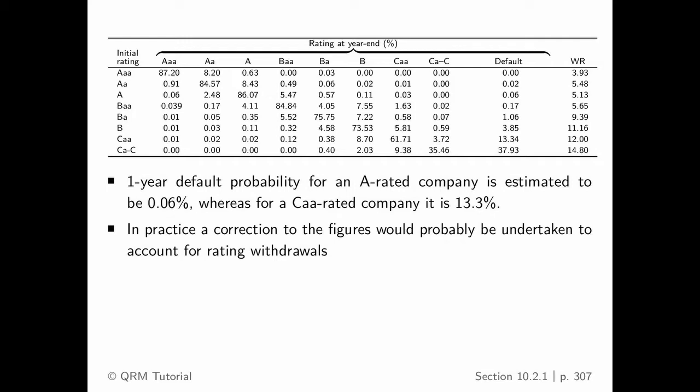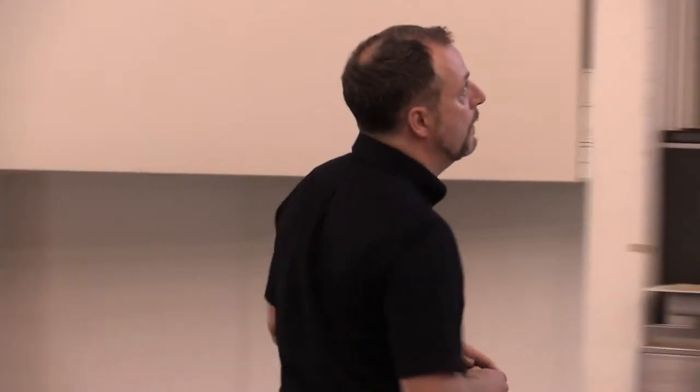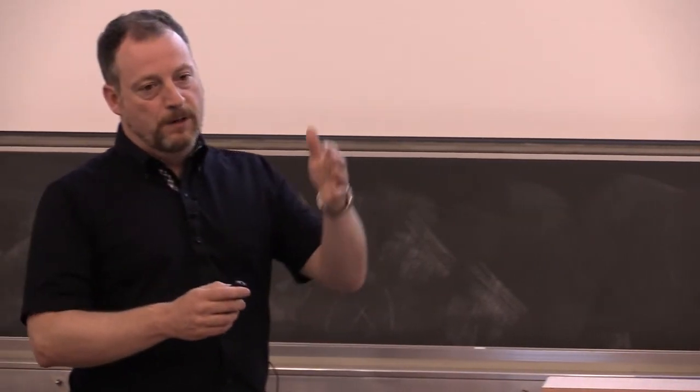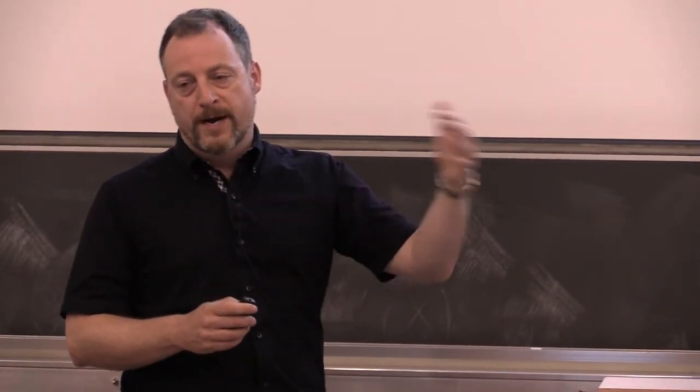Some have their rating withdrawn, so we have to deal with the withdrawn ratings as well. Usually we would correct these figures to account for rating withdrawals. But this kind of information can be used to build a model of how companies move among ratings.